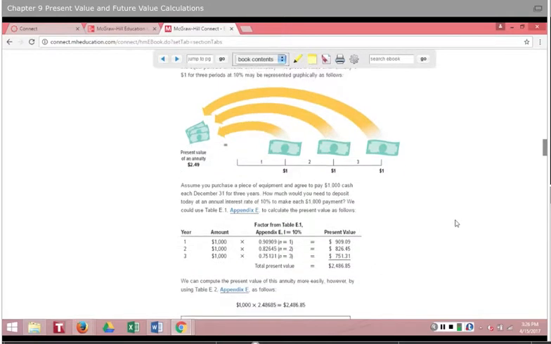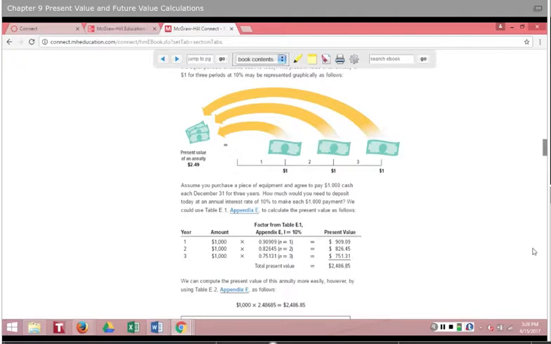So this is showing you what I was just talking about. We could go to the present value of a single sum table and look up n equals 1 at the interest rate of 10% and get the factor, multiply it times the $1,000 to get the 909, and then look up n equals 2 at 10%, get that factor times 1,000 to get 826.45, and then where n equals 3 at 10%, we get this factor, we multiply it times 1,000 to get the 751, and we would sum up all the individual present values.